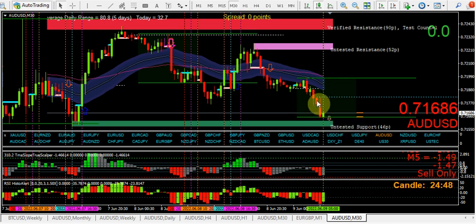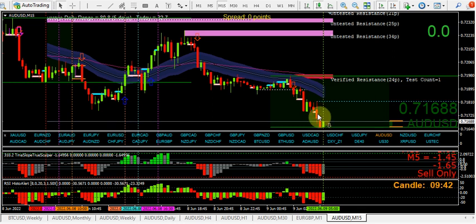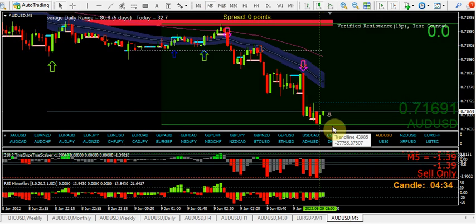The H1 and M30 obviously closed at the same time. The M15 will have closed at the same time as well, so that's got some information to be gleaned from that. The M5, obviously, we are now at, the M5 has just closed. New M5 formed.